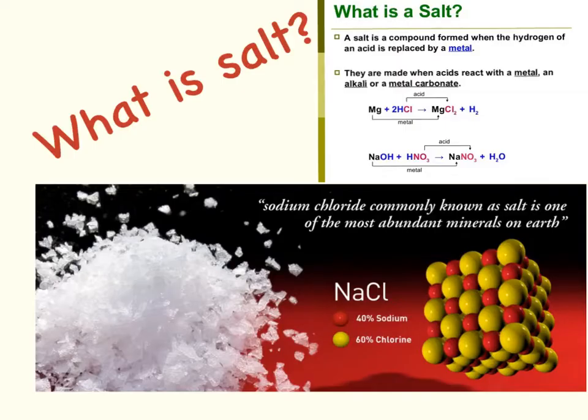So let's begin. So first, what is salt? Well, this gets a little tricky because it depends on a little knowledge that you haven't quite been exposed to. But there's this big thing called the periodic table of the elements. And the biggest division in the periodic table of elements is between a group of atoms we call metals and a group of atoms we call nonmetals.